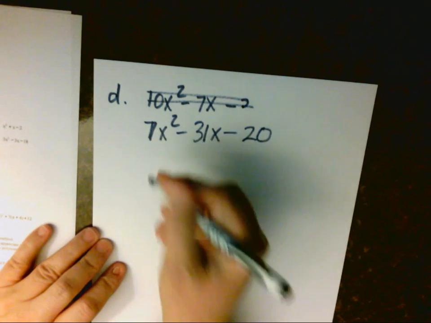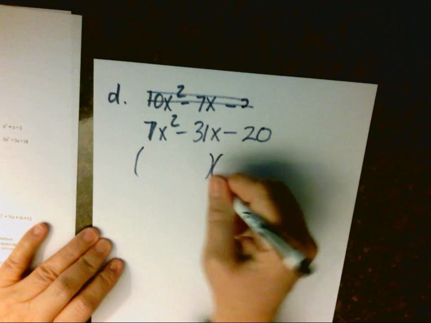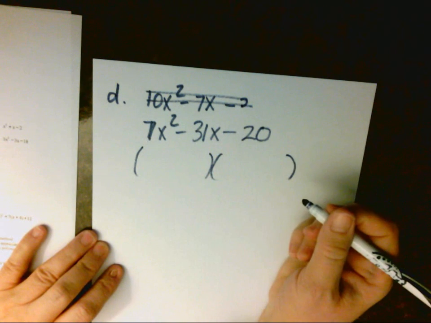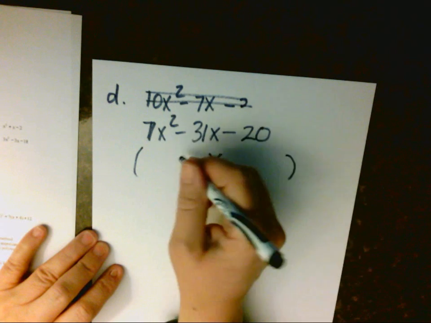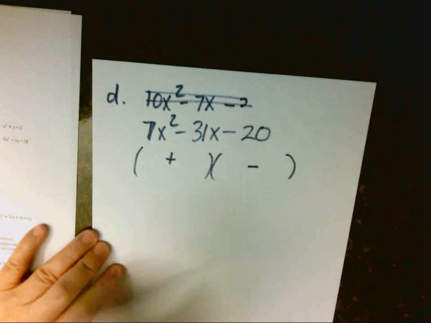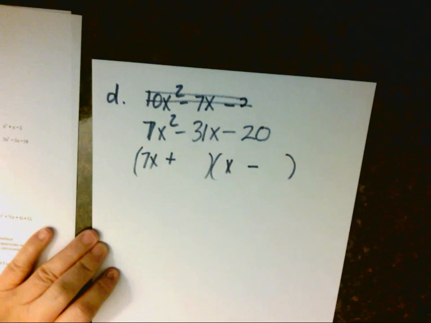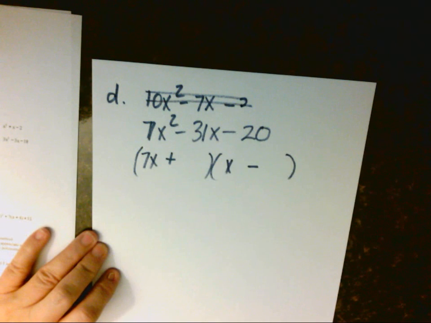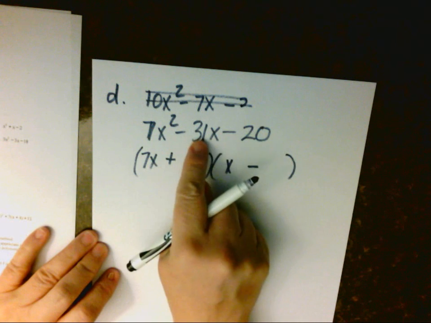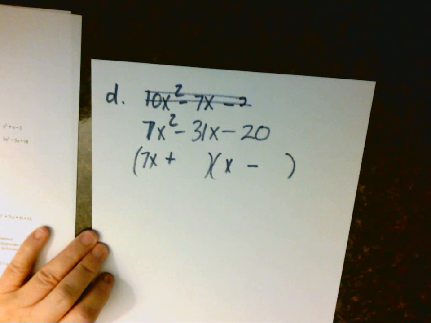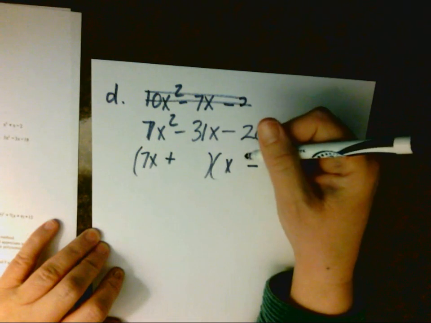Now here I've got a little bit larger number. 7, I like that because it only factors one way. Okay. I have a negative at the end. So that means I'm going to have a positive sign and a negative sign. And let's try 7x and x. I'm looking at this number and I'm thinking 20. 20 would break down to 5 times 4.